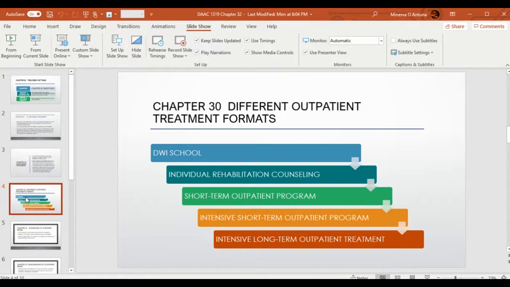It's much more intense, which means the situation is much more severe. And then you have severe long-term outpatient program, which is for the person who's not experiencing success and needs care like that, much more intense to be followed up on.